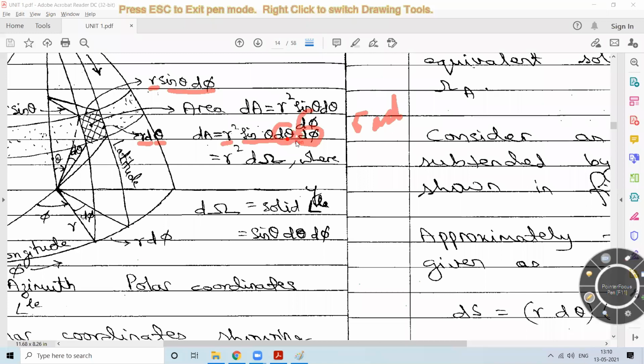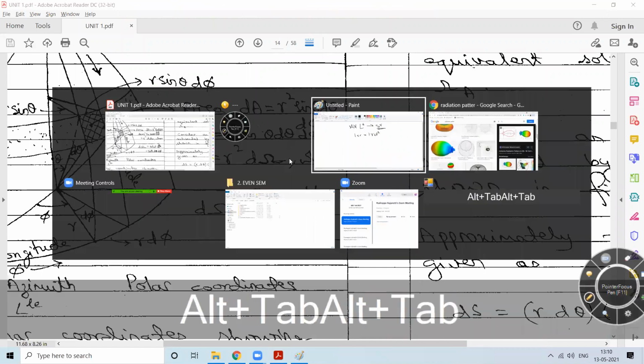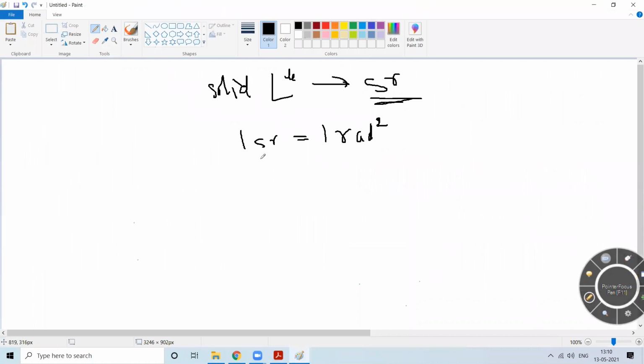What is radian multiplied with radian? It will give you radian square. Therefore, the unit of solid angle is actually radian square, but in SI units it is identified with steradian. So 1 steradian is equal to 1 radian square.